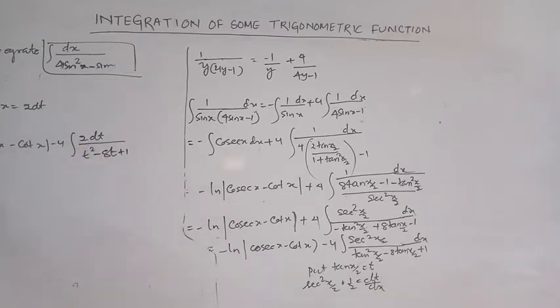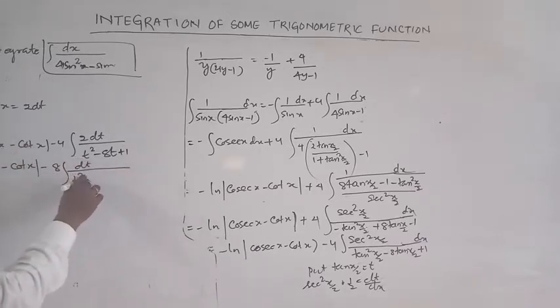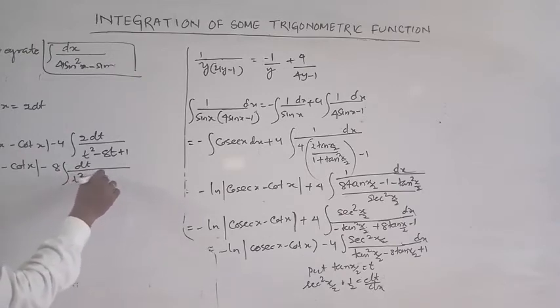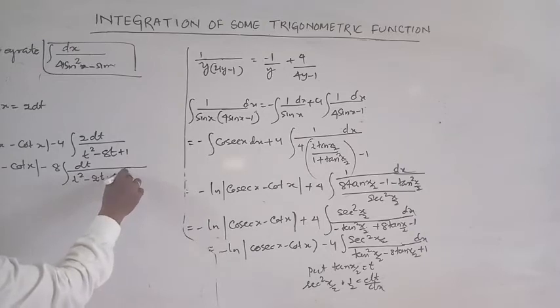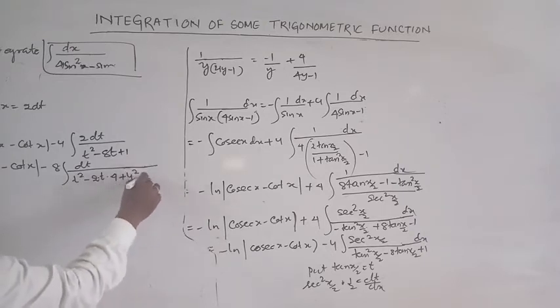Now this is ln of cosec x minus cot x minus 8 into dt by t square minus 2 into t into 4 plus 4 square minus 4 square, means 16, plus 1.